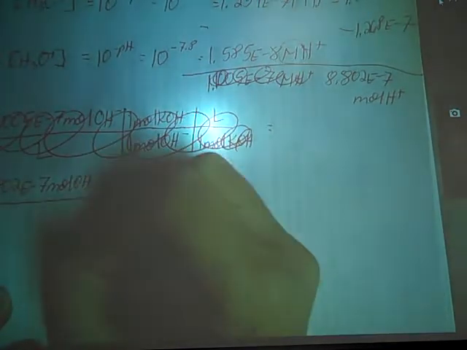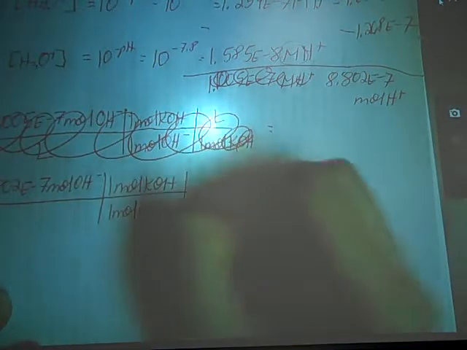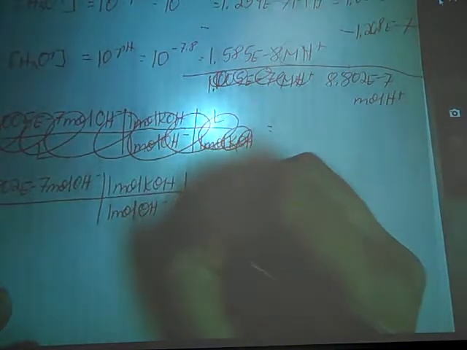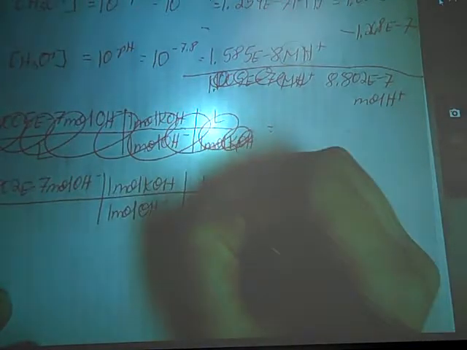My OH is coming from the potassium hydroxide. And my potassium hydroxide had a molarity, according to my problem, of 0.001 molar.